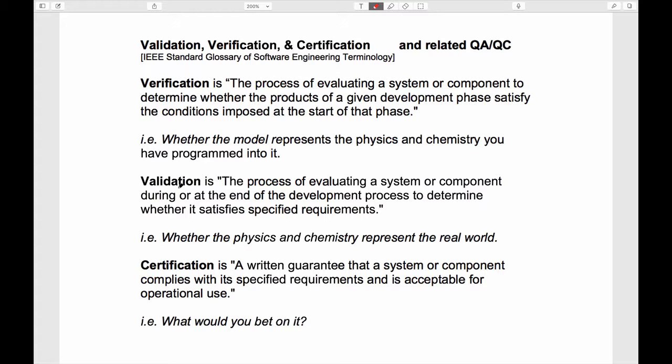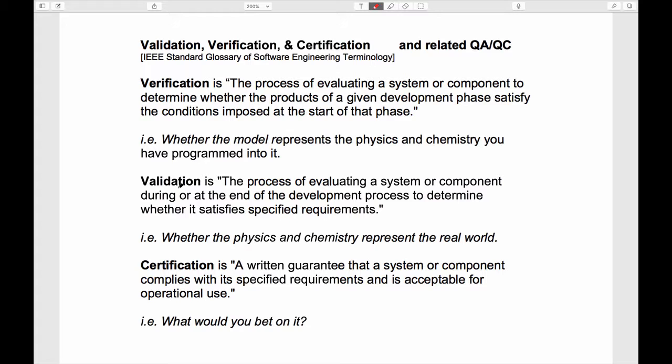I'm not sure certification is a big thing for us. I never can keep the meanings straight in my mind, but there are very specific meanings between verification and validation, which I tend to use interchangeably.